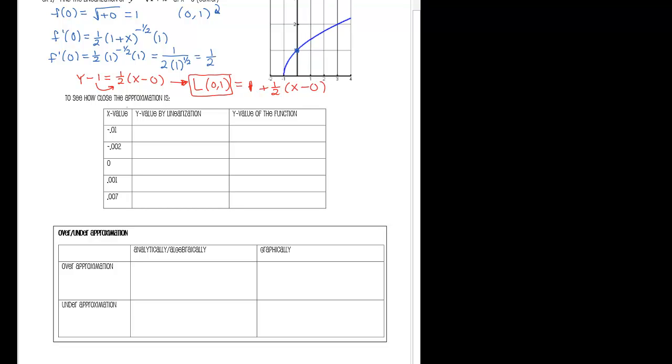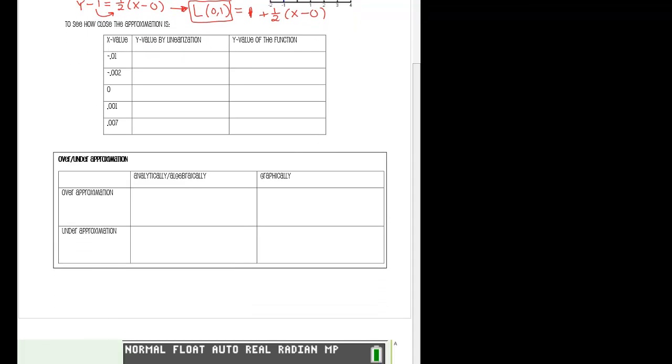Alright, so this table, to see how close the approximation is, I had to actually do this separately because I don't have a calculator on here. But look underneath, this is actually the calculator.